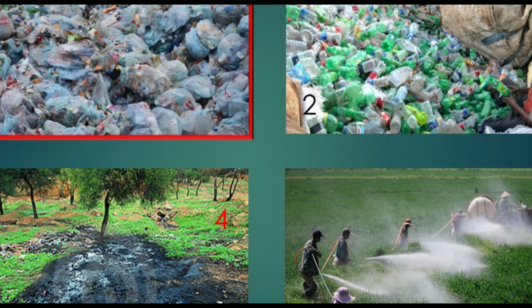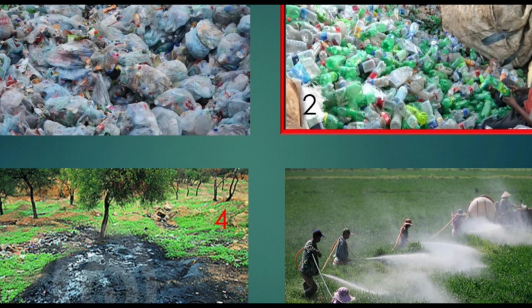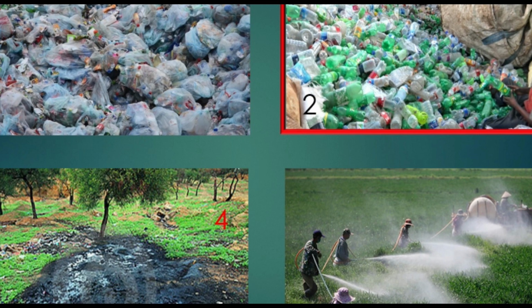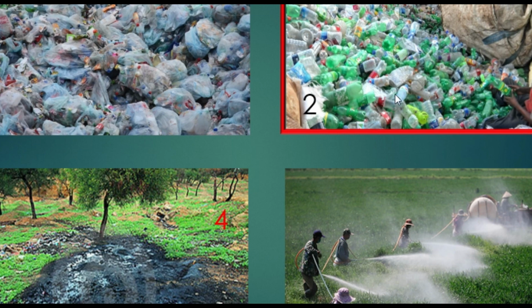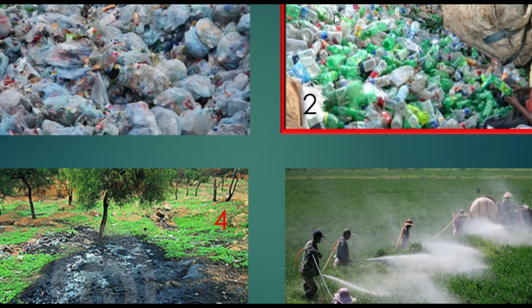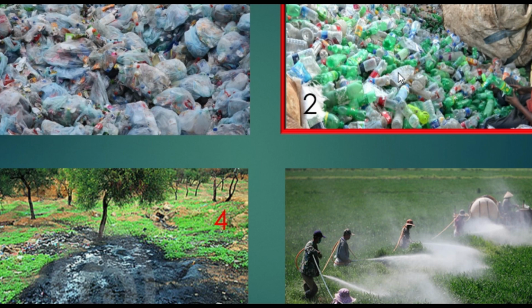In the next picture we see there are many plastic bottles on the ground, and one woman and a boy are doing some work here, and there are also some big packets. There are so many bottles, some are green and some are white. Also the environment of this place is polluted.